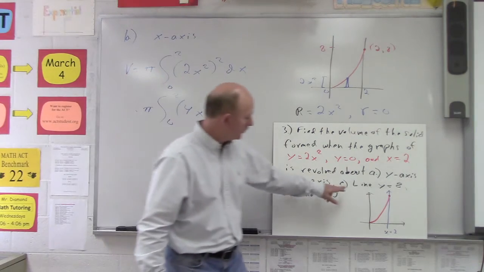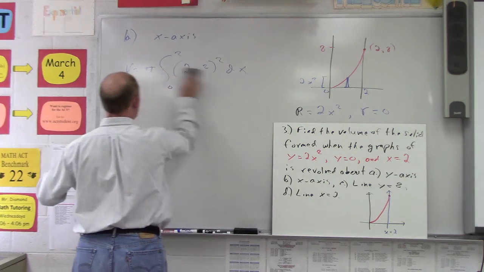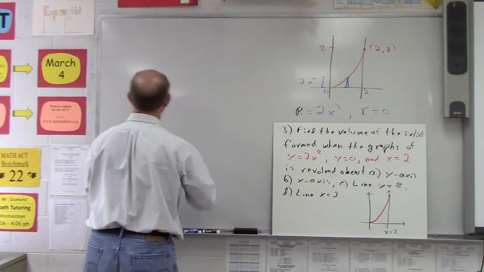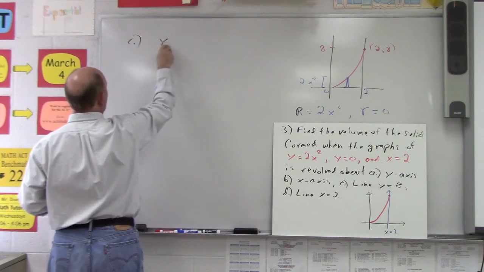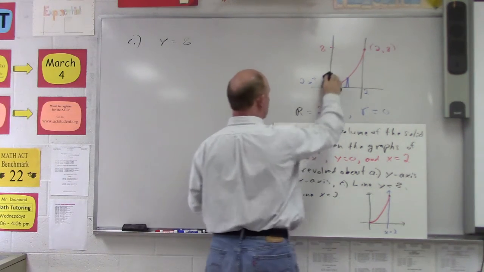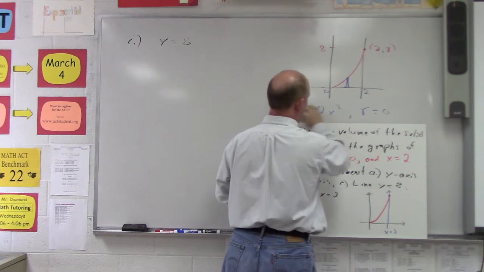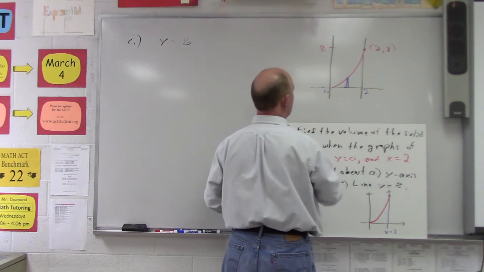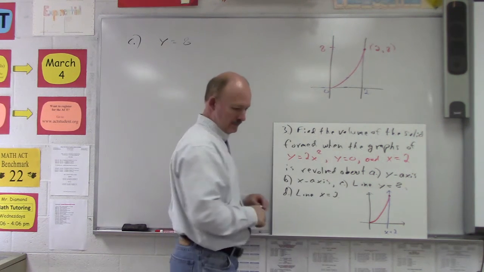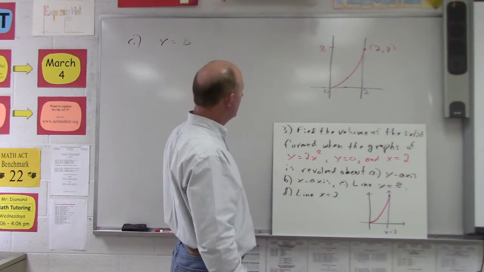Okay, let's take a look at part C. Part C says take this region and revolve it about the line y equals 8. Let me erase this here and make sure this is correct.